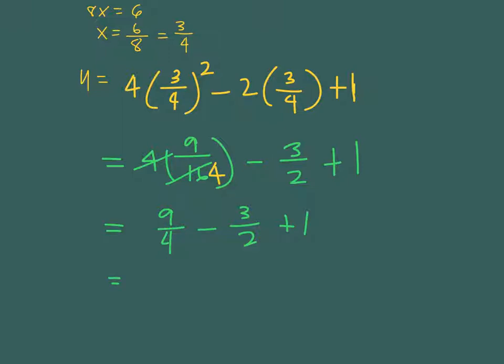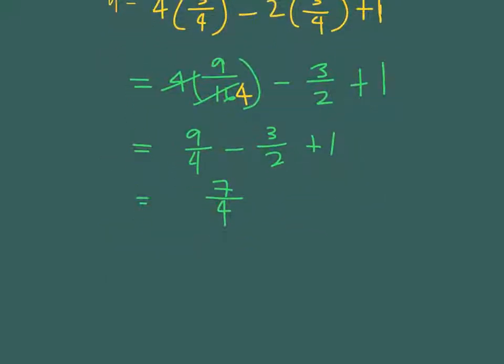Can someone give me the final value? 3 over 2 is the same as 6 over 4. So 9 minus 6 is 3. So 3 over 4 plus 1 is 7 over 4. Correct? Validate. Is it 7 over 4? Okay.